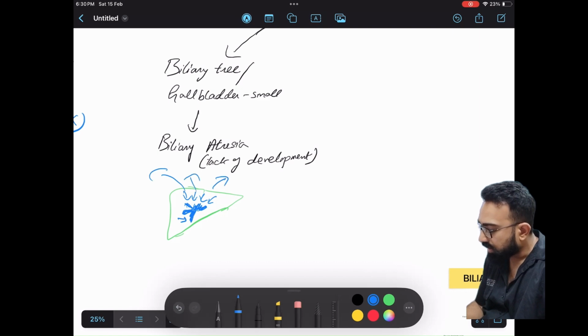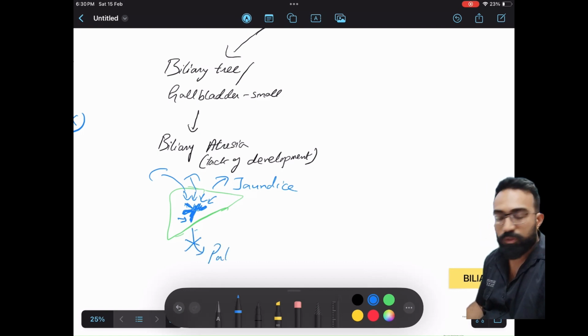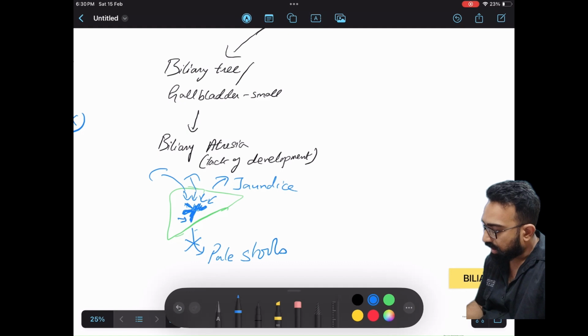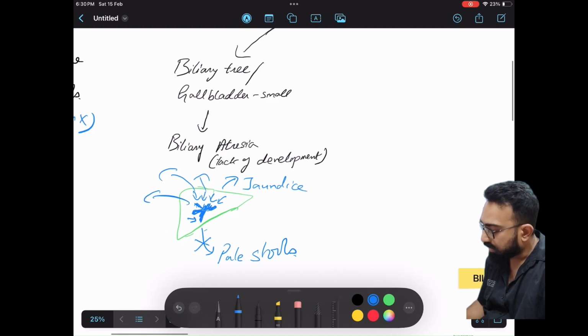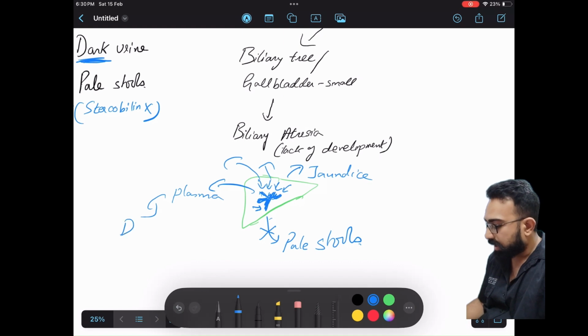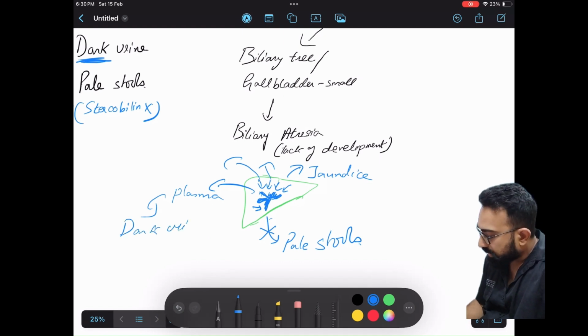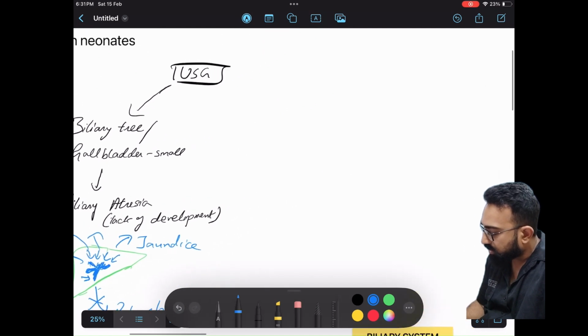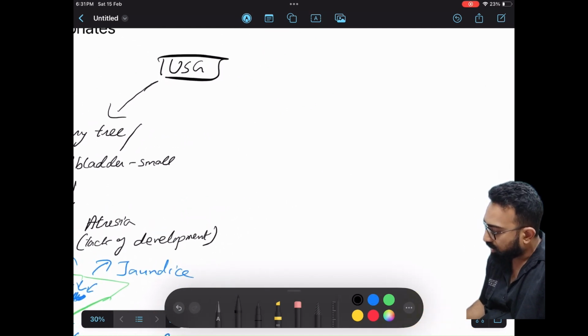Because of this, the bile cannot pass. If the liver is making the bile, it cannot pass, so it will go backwards and cause jaundice. Since it is not going forwards, it will cause pale stools. And since it is getting mixed with the blood and plasma and eventually the urine, it will cause dark urine.